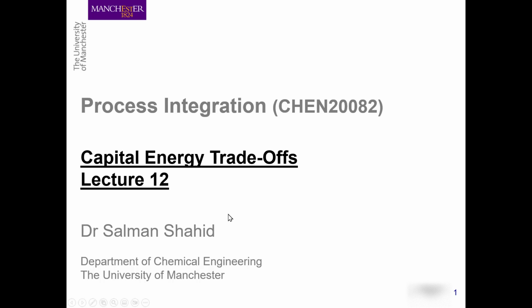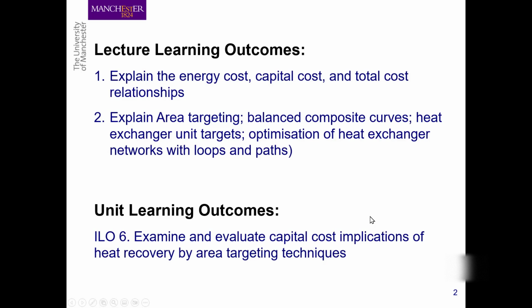So in this lecture we will talk about different targets for our process. We will look at energy cost, capital cost, and what is the relation of these with the total cost, and how these different costs can be defined based on delta T minimum.